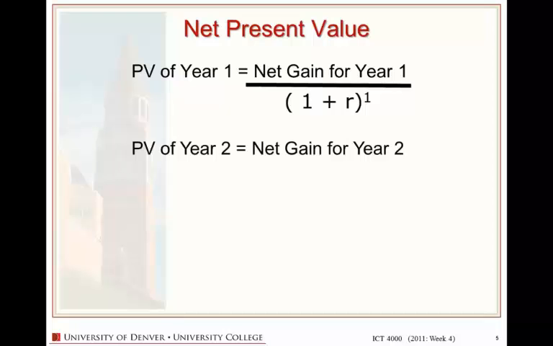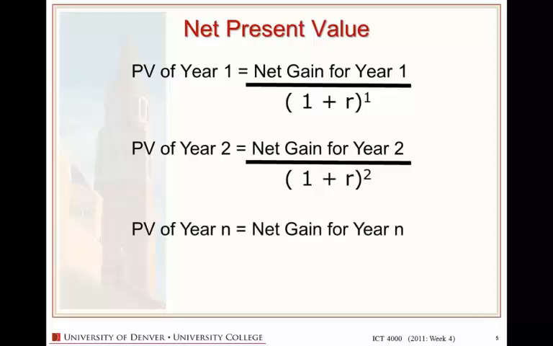To calculate the present value for year 2, it is the net gain for year 2 divided by 1 plus the discount rate raised to the second power, because now we're in year 2, and so on. So in any given year, the present value of year n equals the net gain for year n divided by 1 plus the discount rate raised to the nth power.